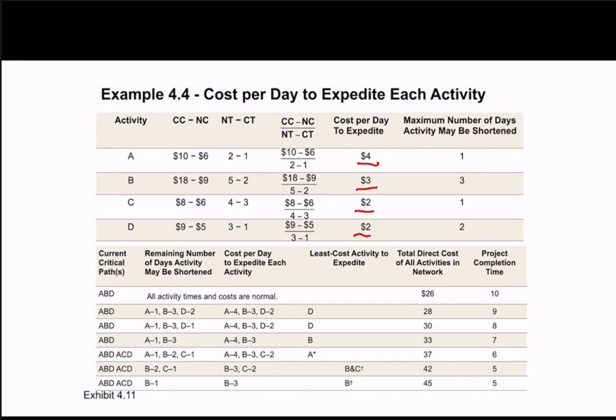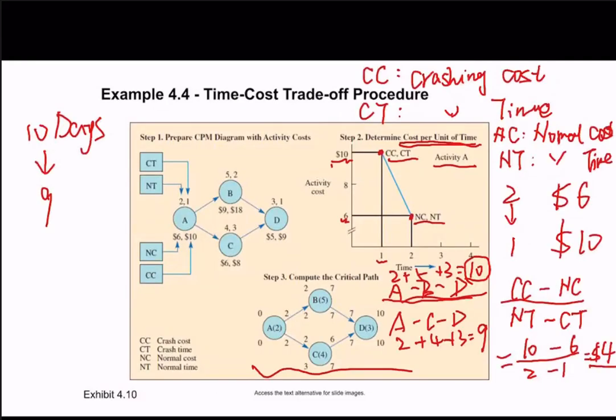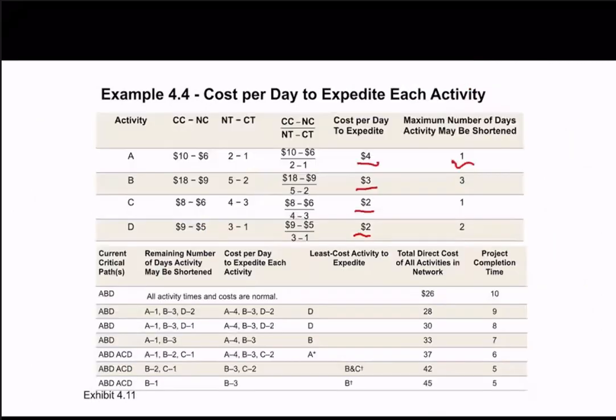For activity A here, the crash time is 1, the normal time is 2, so we only have 1 day to shorten A, and this is all of the information we can have. The 3 comes from 5 minus 2, the 1 comes from 4 minus 3, and the 2 comes from 3 minus 1.